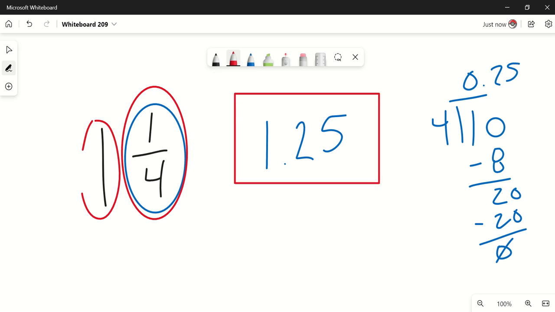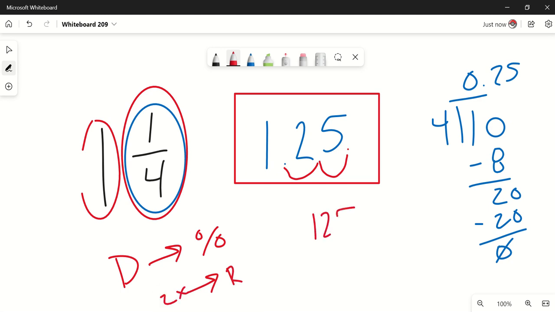In order for a decimal to become a percent, the decimal jumps twice to the right. Again, from a decimal to a percentage, decimal goes twice to the right. This would be 125, and we add the percent at the end, and there you go. Either way would have worked fine.